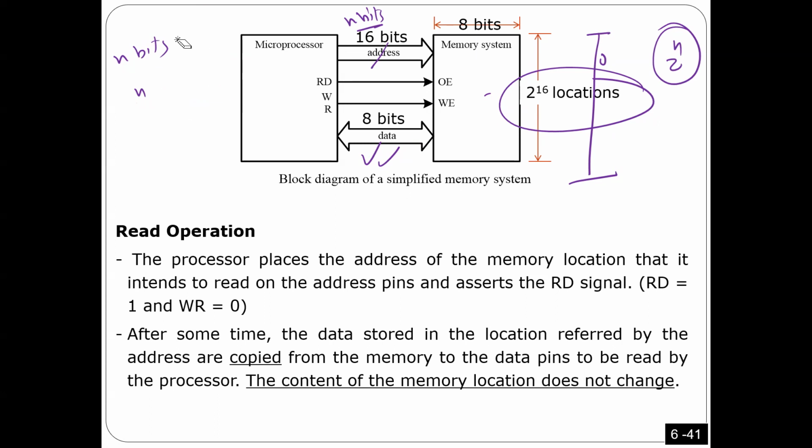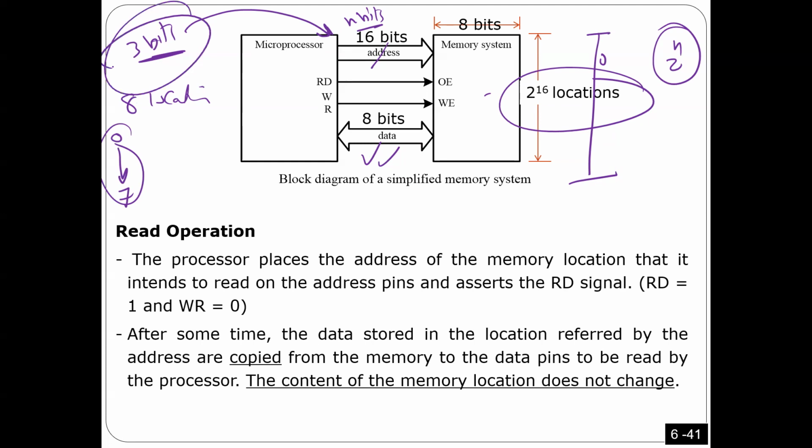For example, assume the address is 3 bits. Your memory cannot have more than 8 locations, because 3 bits can have addresses from 0 until 7, which is 8 addresses. It can be fewer than 8 locations. Here I want to give you the relation between the size of the address and how many locations you have in the memory. That's why, the bigger the memory, you should increase the size.